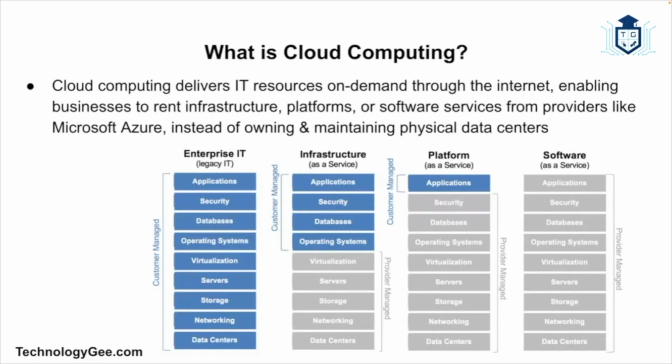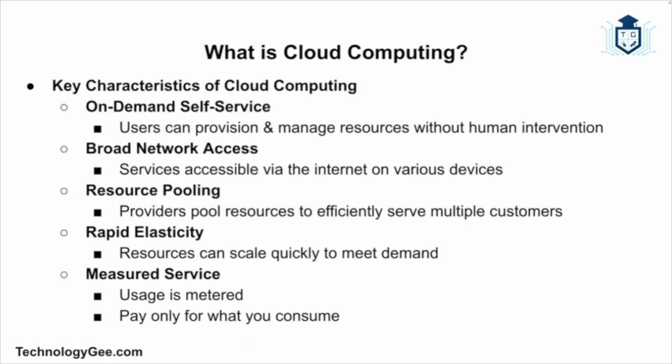All right, so what is cloud computing? Once again, this is an on-demand delivery of IT resources through the internet. Instead of owning and maintaining physical data centers, businesses can rent infrastructure, platforms, or software services from cloud providers like Microsoft Azure. And here are some of the key characteristics of cloud computing. They offer on-demand self-service. So users can provision and manage resources without human intervention.